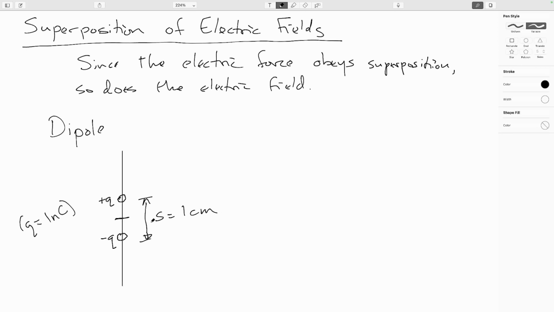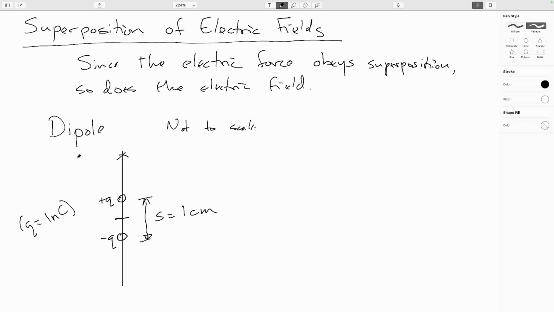Now, if this were an atom or a molecule, we'd be talking something like 10 to the negative 10 meters. But here, if we're imagining a couple bits of charged styrofoam, a centimeter separation seems reasonable to me. Now, along here on the y-axis, let's say this is my point of interest right here. And this is not to scale.